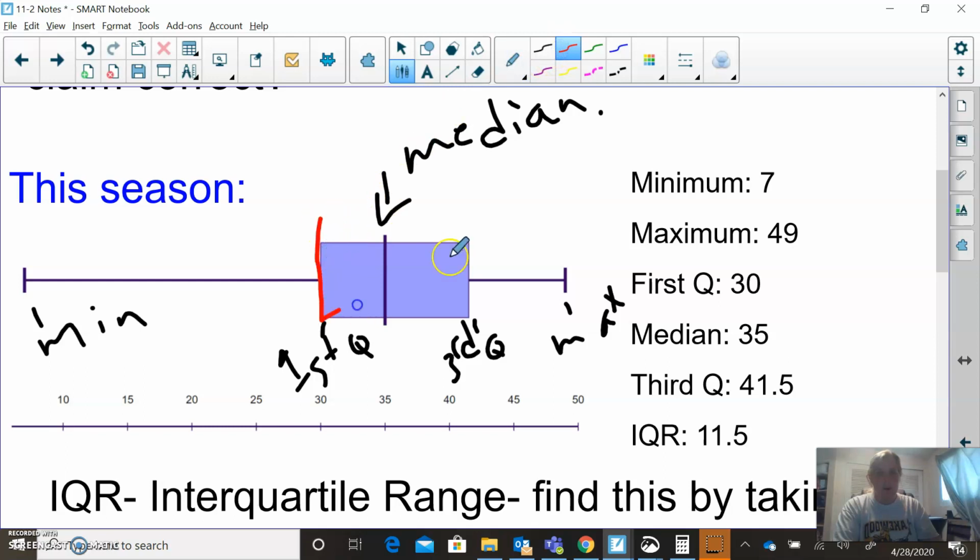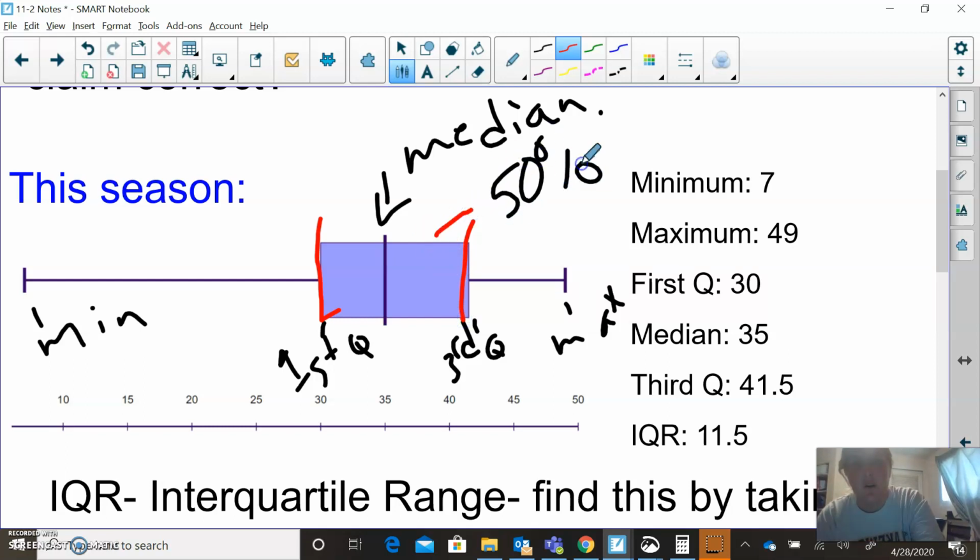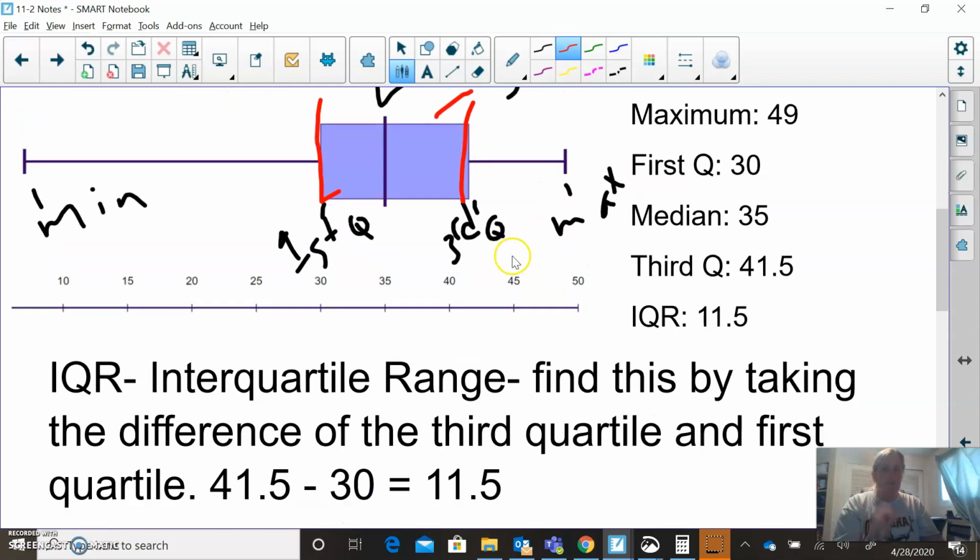This box right here that I'm marking in red represents 50% of our data. So 50% of our data falls between 30 and 41.5.